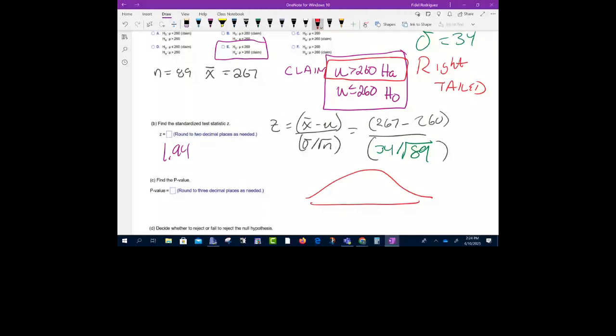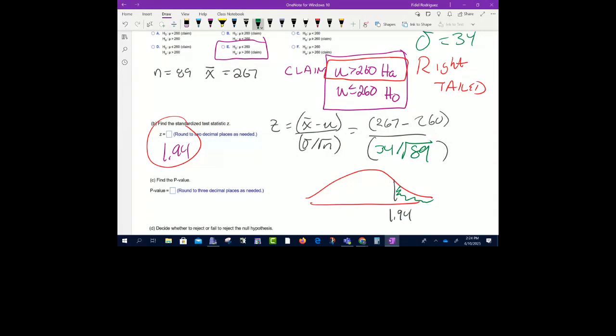Boom, here's my graph, right? Look at the number we came up with in part B. Didn't we come up with 1.94? What I'm trying to find is that area there, in the green, okay?